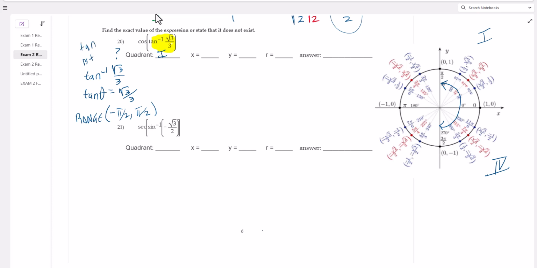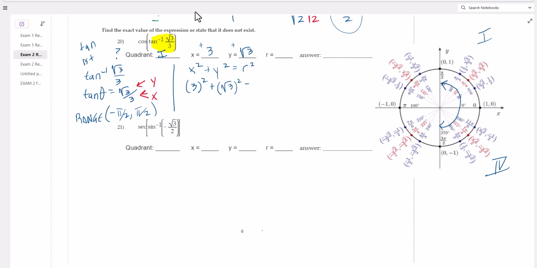Okay, now what we need to do is just focus on finding x, y, and r. The definition of a tangent is y over x. So that's going to mean that the y value is square root of 3. The x value is 3. Okay, and since we're in quadrant 1, they're both positive. Then we can use the Pythagorean theorem to find what r is. So we're going to take x squared plus y squared equals r squared.